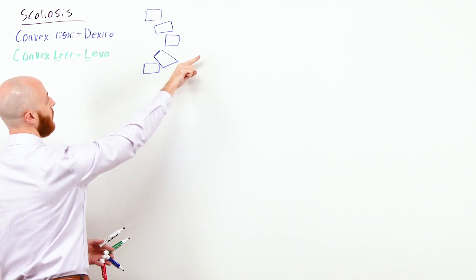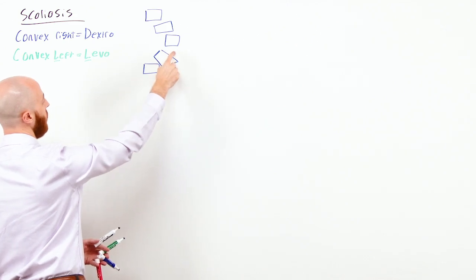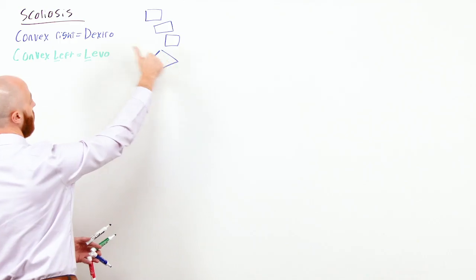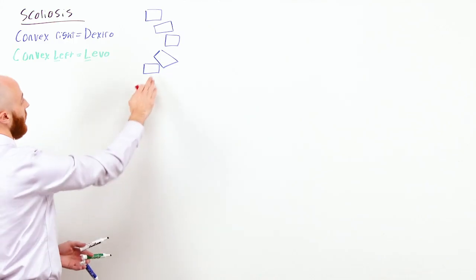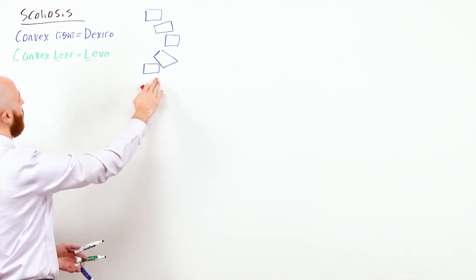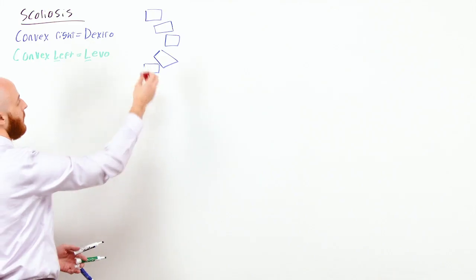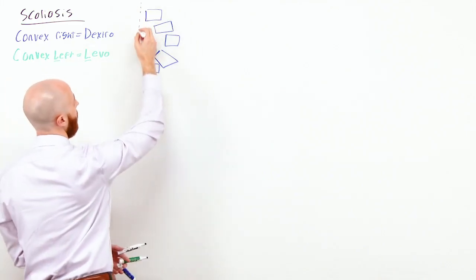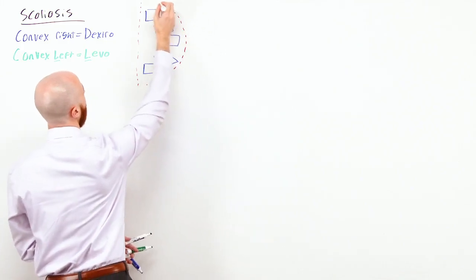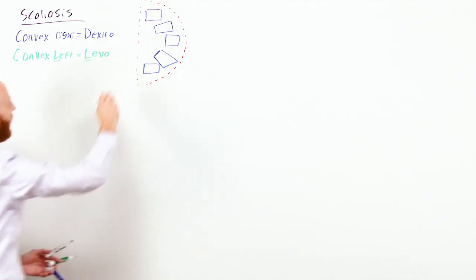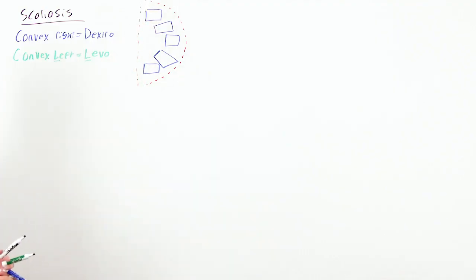We have it pointing to the right, so this is a dextroscoliosis. If it were pointing to the left, it would be levo. One way that you can tell this is dextroscoliosis, if you can't remember convex in what direction, this kind of looks like a D from the posterior side.